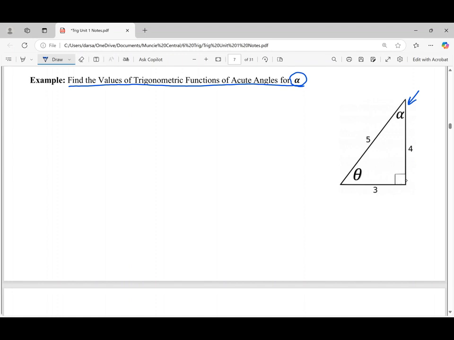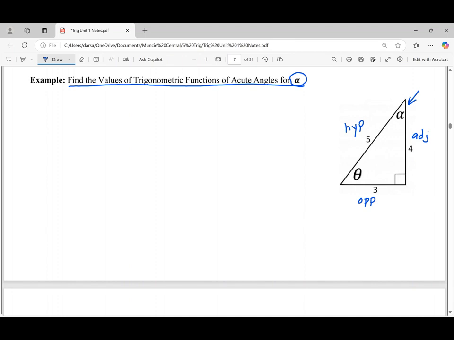Opposite of the right angle, this is our hypotenuse. And what are the two sides that make up angle alpha? Well, the hypotenuse and this side over here that has the 4 on it. So because the side here is touching the alpha, this one is our adjacent side to alpha. And the one that is opposite is the one with the 3 on it.